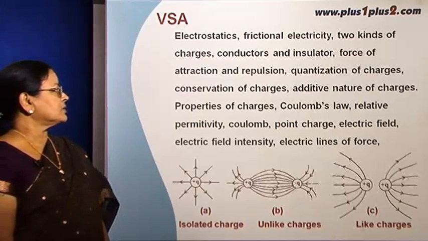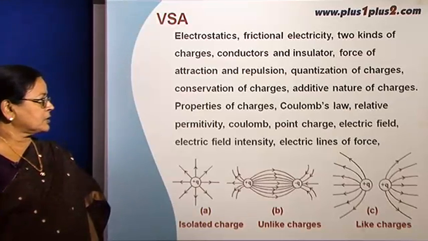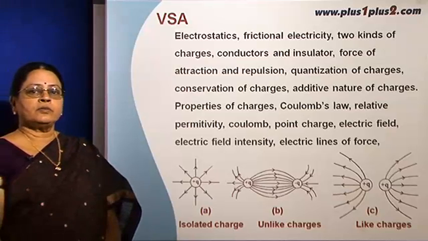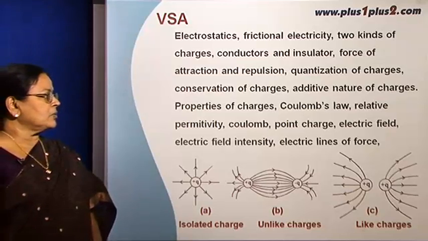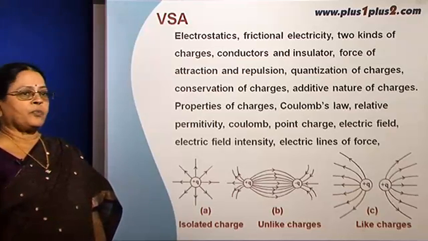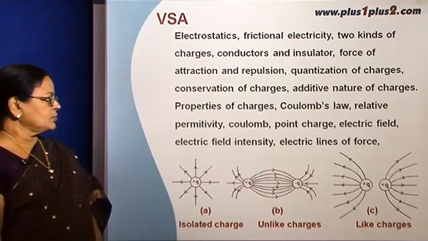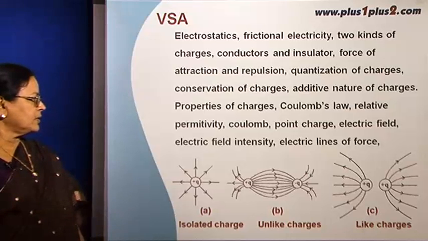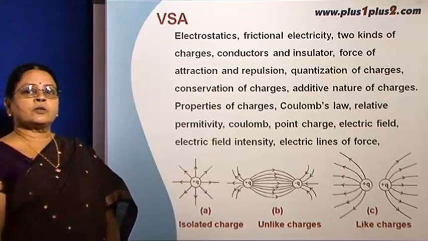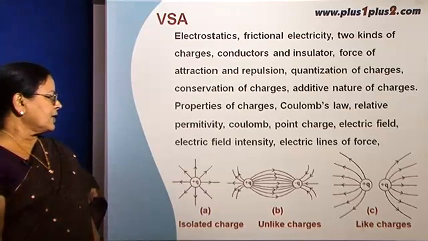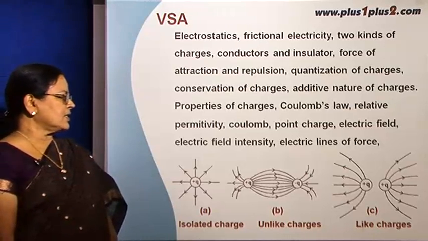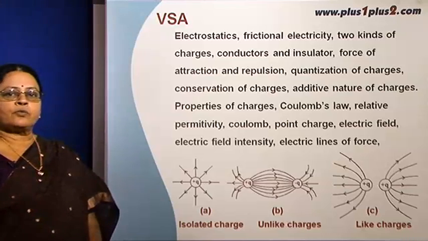Conductors and insulators, force of attraction and repulsion, quantization of charges, conservation of charges, additive nature of charges, properties of charges, Coulomb's law, relative permittivity, Coulomb, definition of 1 Coulomb, point charge, electric field intensity, electric lines of force.